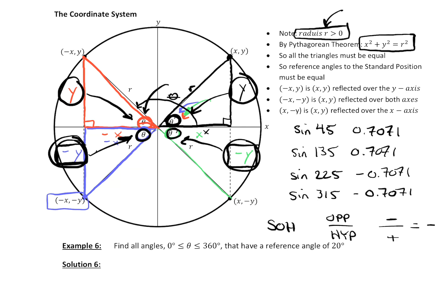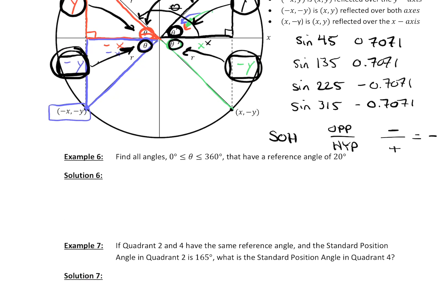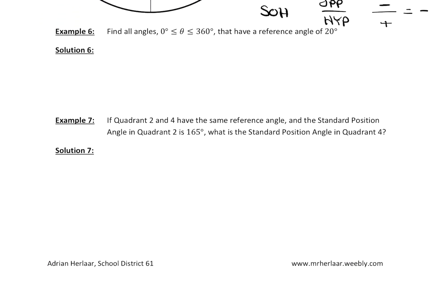All right. So now let's just look here at this last example. Well, sorry, 2 examples. So example 6 is find all angles that have a reference angle of 20. Now we've done that quite a few times, right? But this is just an extension. Obviously in Q1, it's just 20.